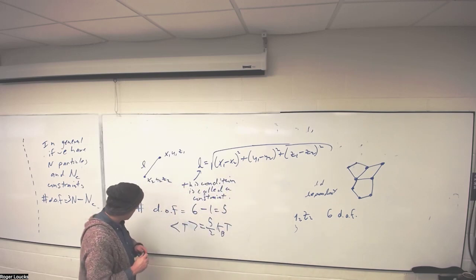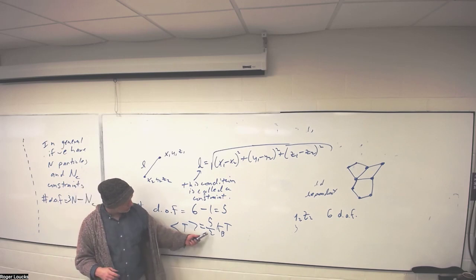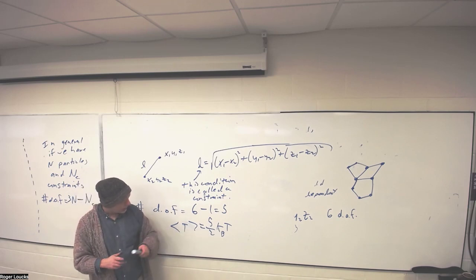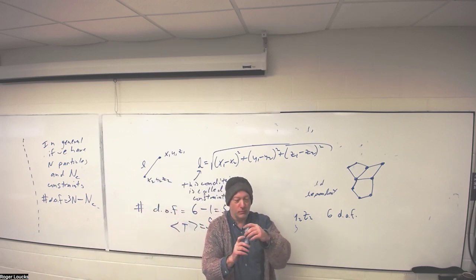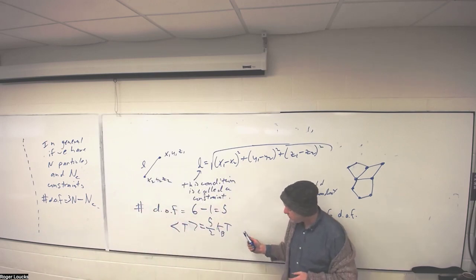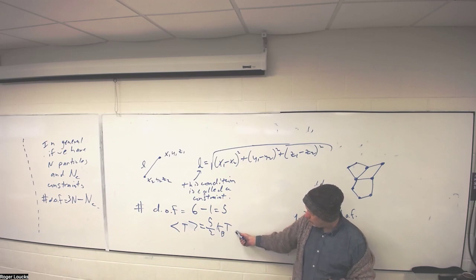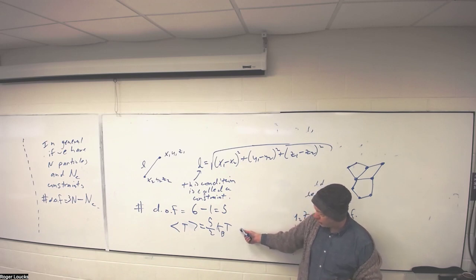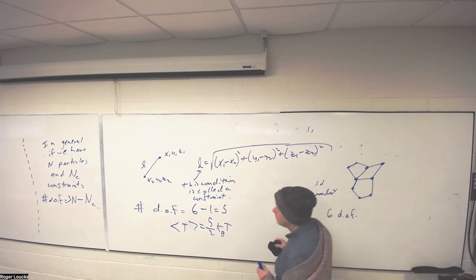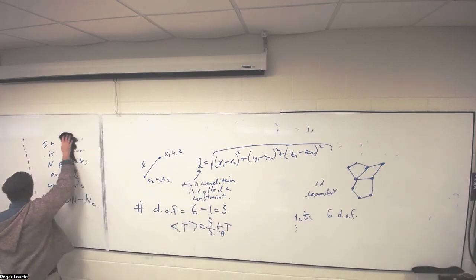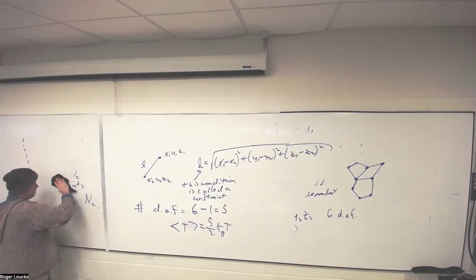Now, with that said, suppose somebody doesn't believe this 5 halves for this molecule. What would this say here? According to the temperature constraint theory, how much kinetic energy would be connected with the rotation? Two halves, one kBT each.